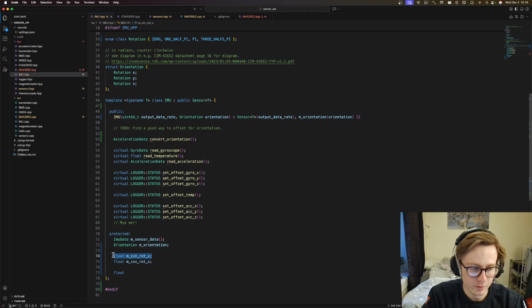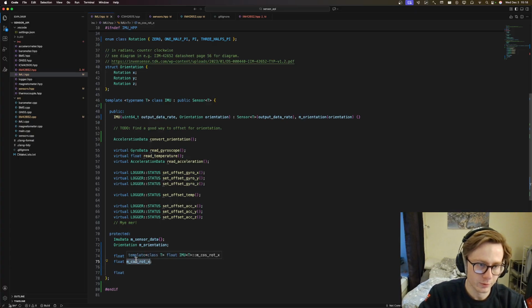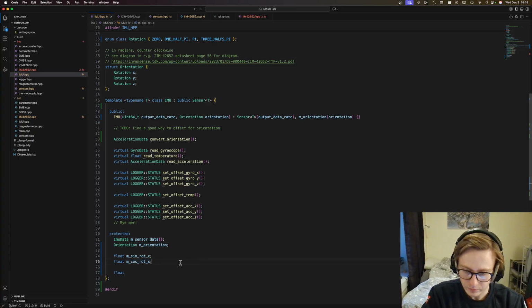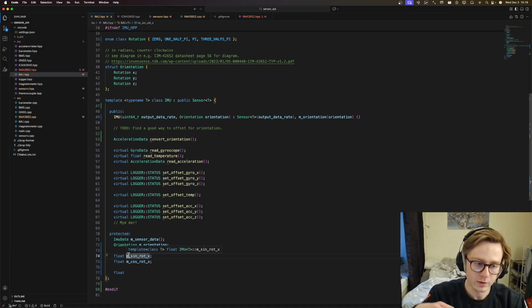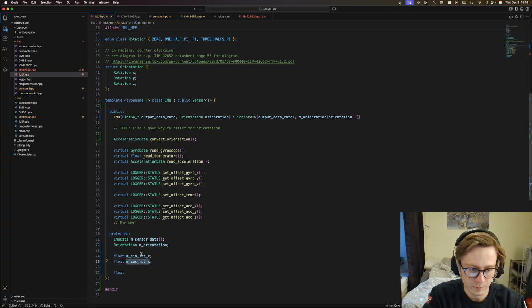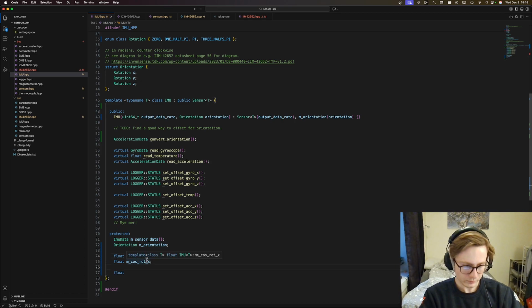We could have one that inputs the sensor values and then converts each of them. But we know the angle, and the angle is fixed. So we only need to compute the rotation factors once. Okay, so we want a sine and cosine rotation.